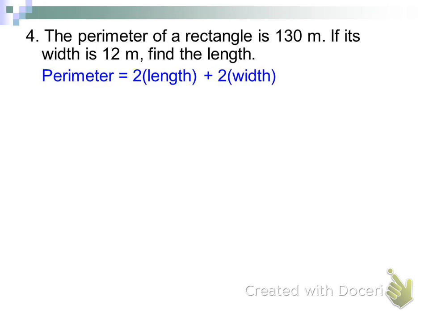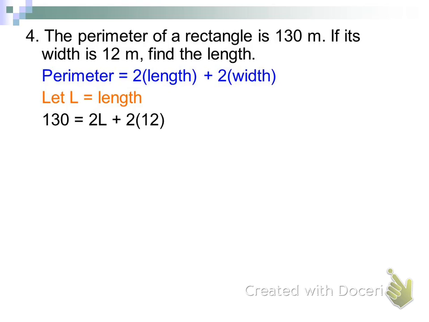So we know that this is how you find perimeter, right? It's 2 times the length plus 2 times the width, or kind of like we were just talking about. If you want to write L plus W and then combine the like terms, go for it. We're going to let L represent the length, and W is going to stand for the width, right?